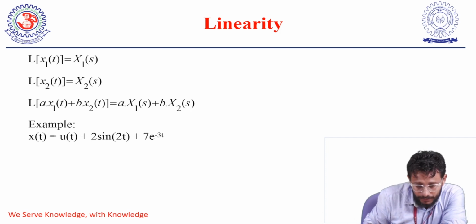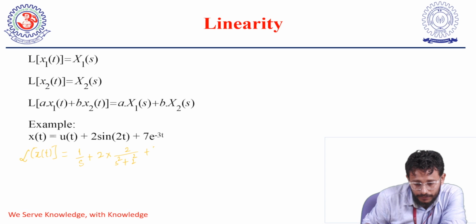If I were to take the Laplace transform of x of t, for u of t I'd have 1 over s, and this 2 is a constant term, it remains as it is, and it's multiplied with the transform of sine 2t, that is 2 over s squared plus 2 squared.